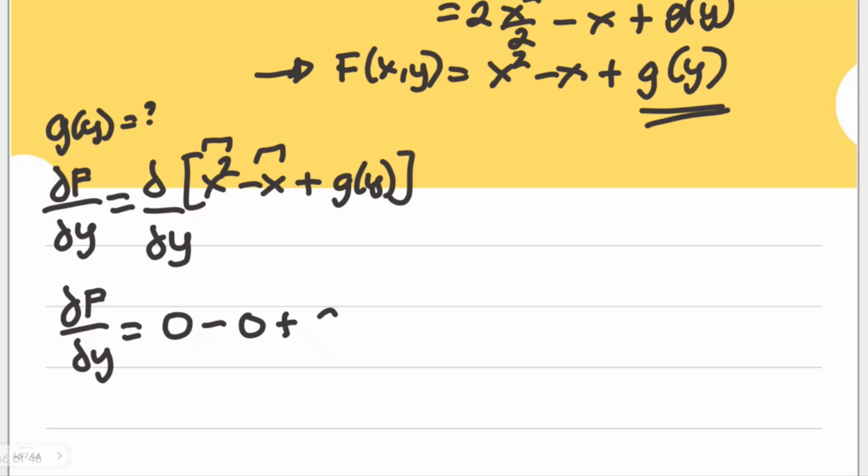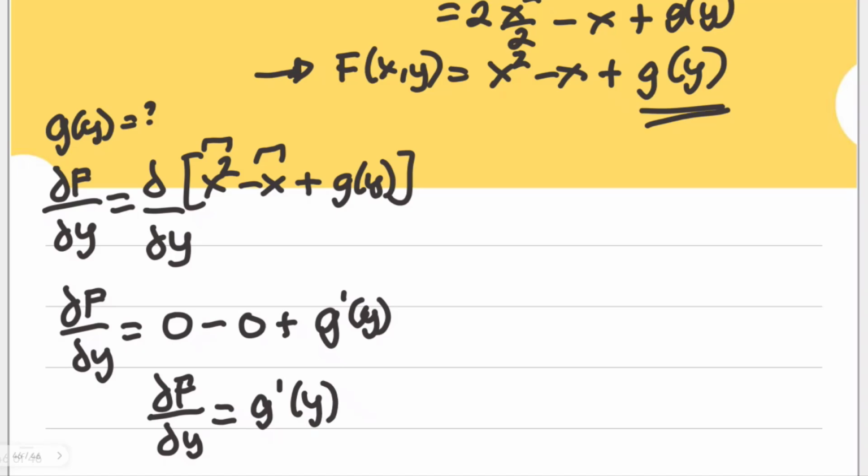And you will have here g prime of y, because this is the function with y variables and we are going to take its derivative. In short, the partial derivative of f with respect to your independent variable y is g prime of y alone. So how do we solve g(y) if we have g prime of y?